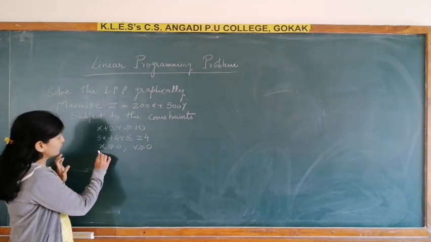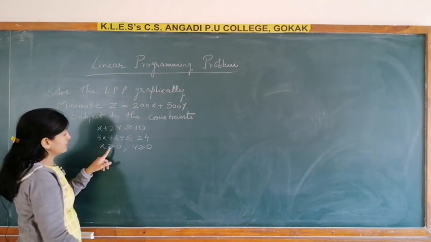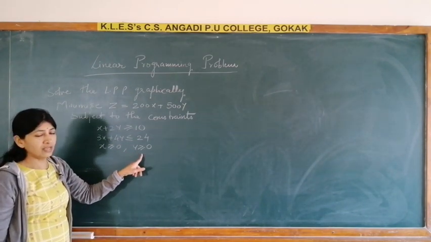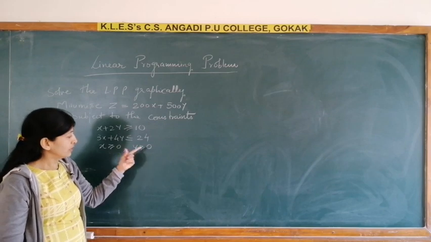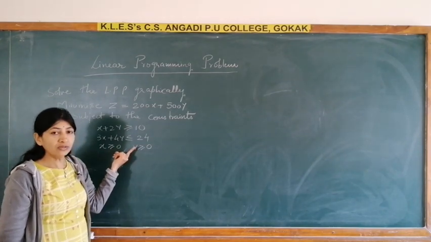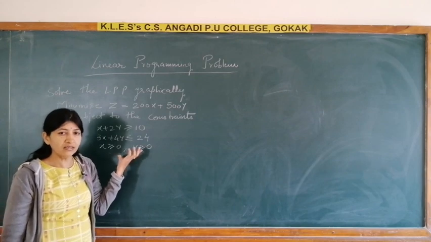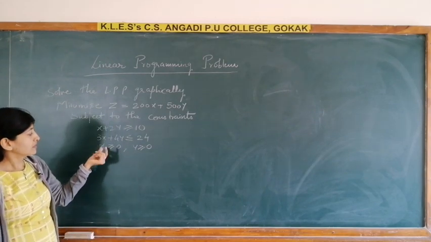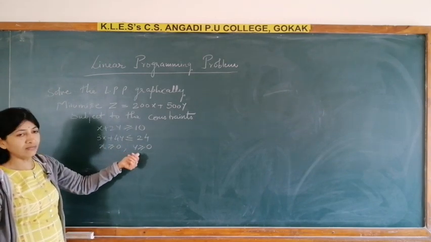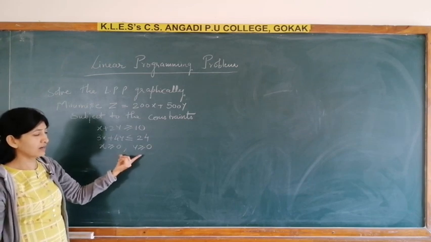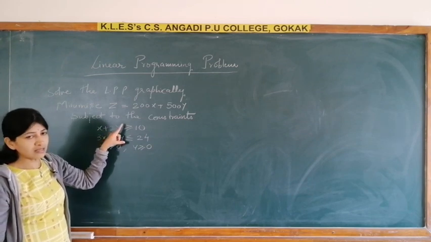Now in every question you will get this one: x is greater than or equal to 0 and y is greater than or equal to 0. These two constraints are called non-negative constraints.